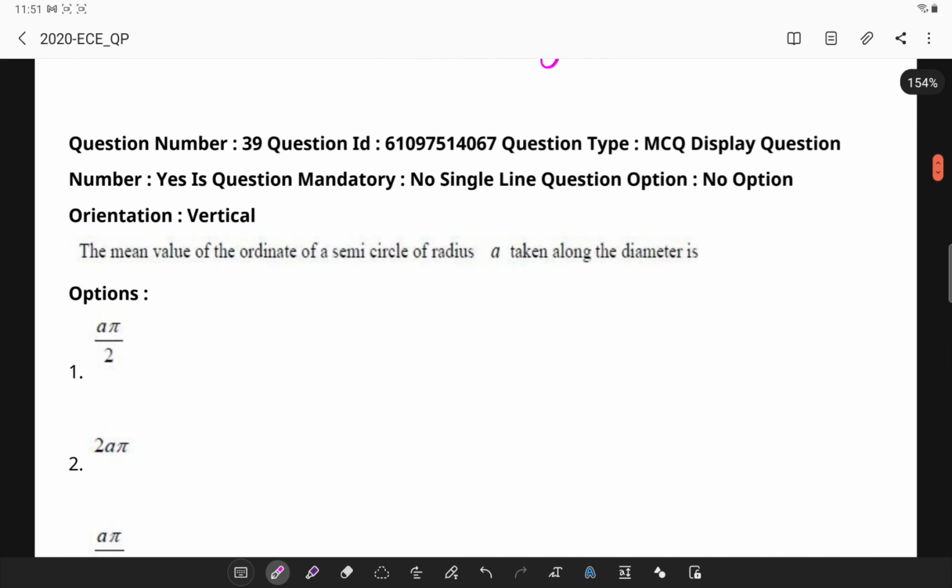Now this is a tricky question. He is asking what is the mean value of ordinate of a semicircle taken along the diameter.